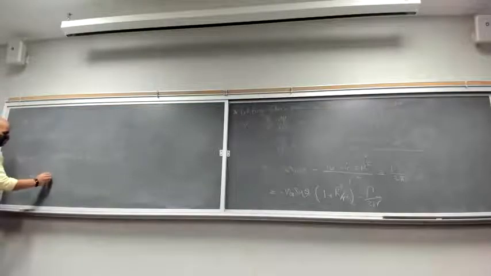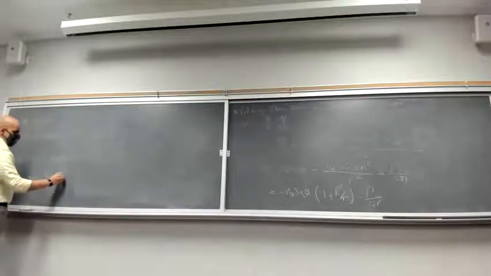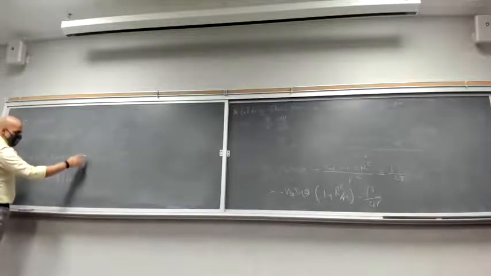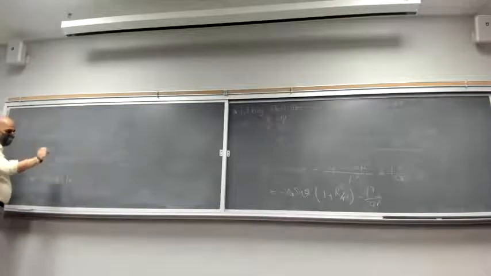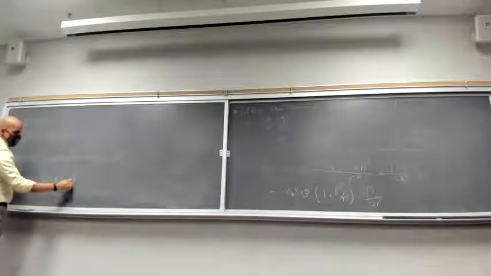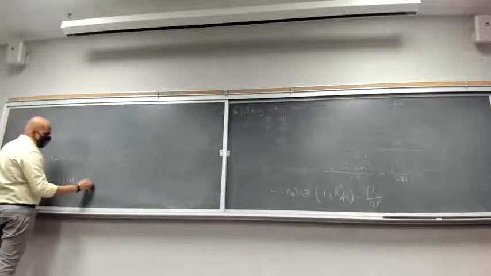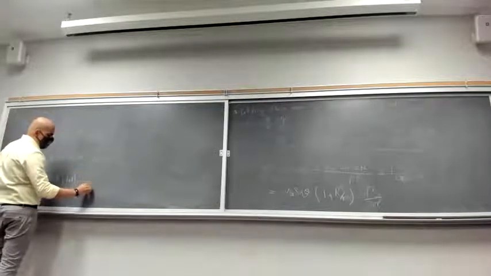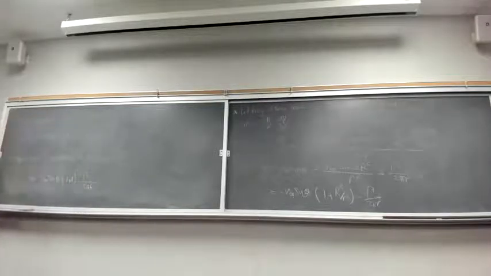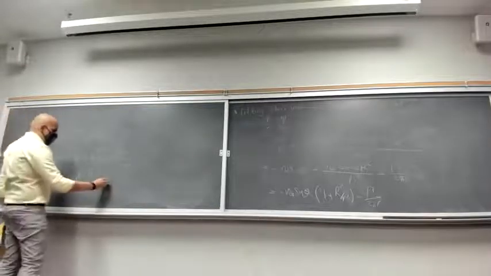So negative v infinity sine of theta times 1 plus R squared divided by R squared, that is 1 plus 1, minus gamma over 2 pi r, and this R is the radius of your circle, is equal to 0.